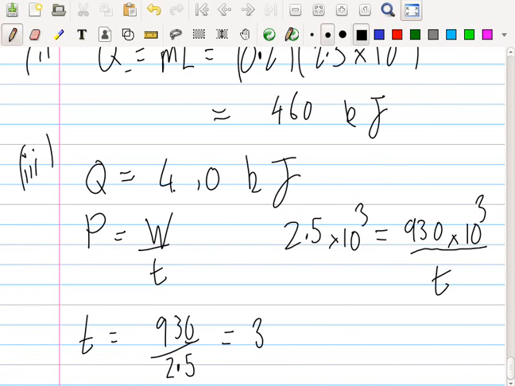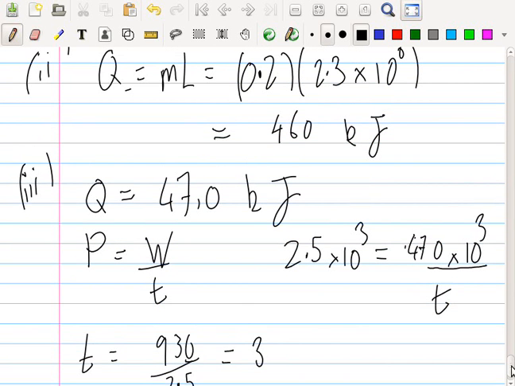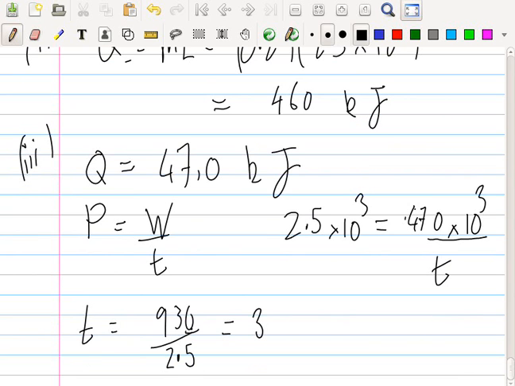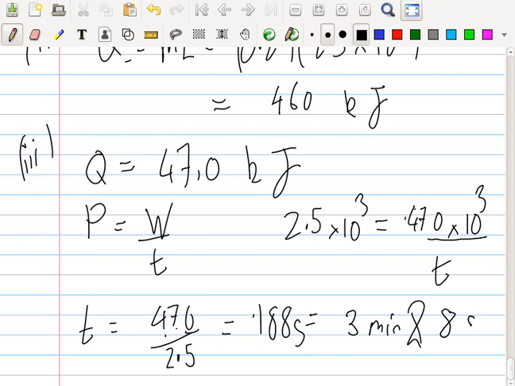All right, we'll just change that to 470, and here 470. And in another version of the paper, he asked the time it takes to boil the steam away. So what's this going to be now? 188. So that's seconds, so that's 3 minutes and 8 seconds, although you can just leave it as seconds.